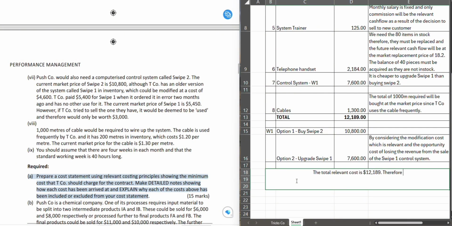Therefore, TICO can charge this amount plus desired margin to quote for the new business opportunity. Yeah. So that is for part A.